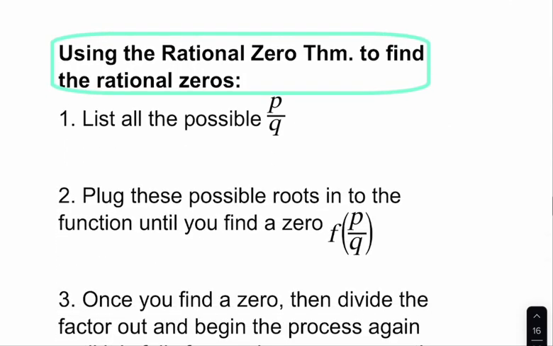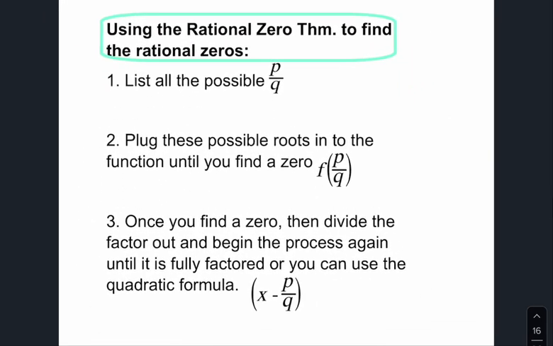So up to this point, we have been given the zeros, but with the rational zero theorem, if we take these 3 steps, that's how you're going to find multiple zeros. So let me just go down the list. You already have this written out, but let me go down each step so you understand the way to work this.